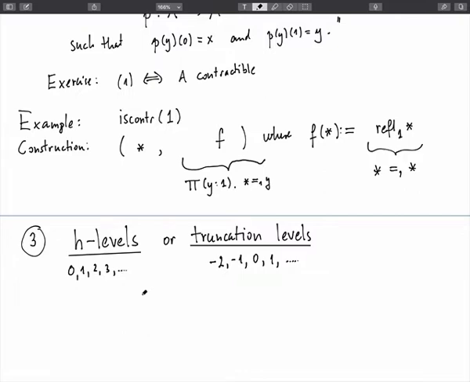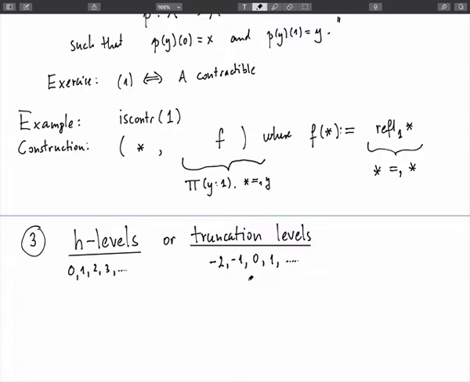And level 1 here corresponds to the first homotopy group, the fundamental group. And level 2 corresponds to the second homotopy group, and so on. And so if you use H levels, then all your fundamental groups are off by 2 in their numbering. And that's why it was decided that we shift by -2 so that we get back to the normal counting of dimensions. Okay? So that's why it happened.